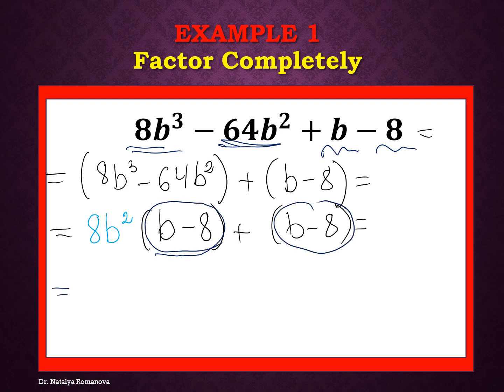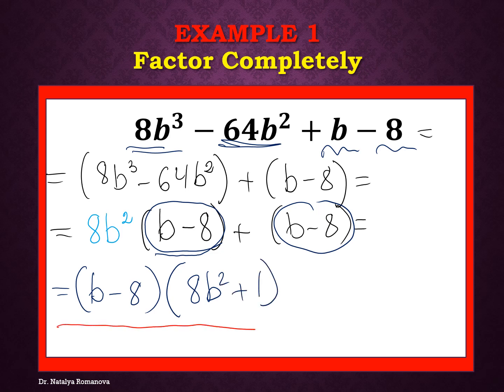So we will use the distributive property formula. It would be b minus 8 parenthesis, our common factor, open parenthesis, 8b squared plus 1. It is our answer, the factored form of our given polynomial.